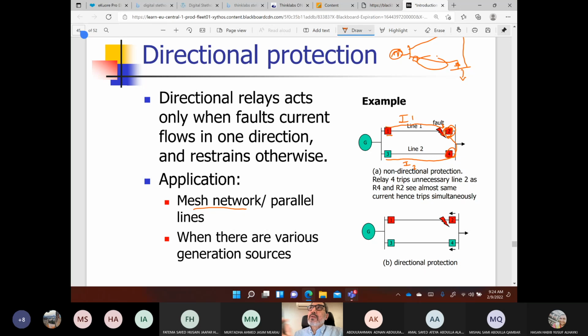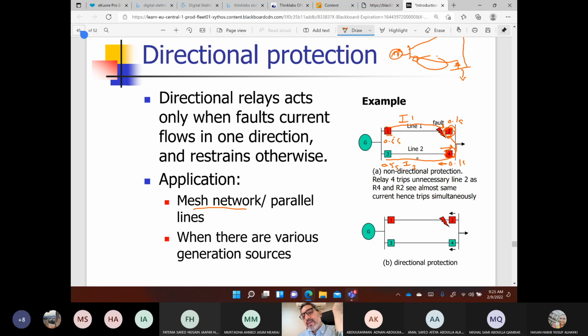suppose sometimes we achieve selectivity by timing. So we make this one operate at 0.1 seconds and this one at, say, 0.5 seconds. This one operates after 0.5 seconds, this one operates at 0.1 seconds. Whenever this sees a fault, because it can see a fault whether the current is in this direction or in this direction, it will detect a fault if it is a non-directional relay.